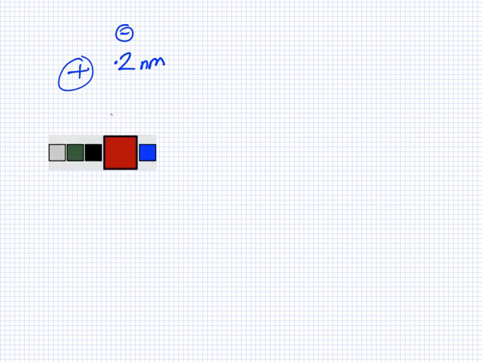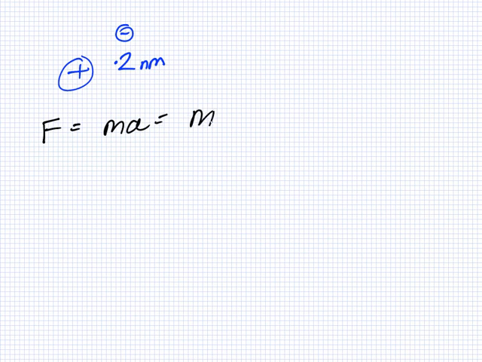So, proton, electron, 0.2 nanometers. F equals ma equals mv squared over r. But v equals omega r.